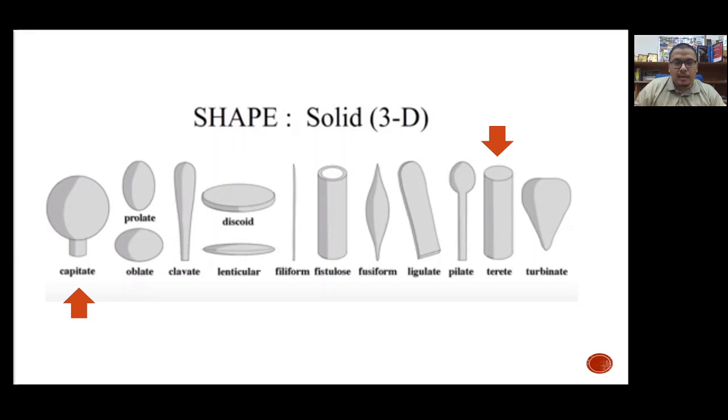Terete is a solid cylinder, meaning circular in cross section like this, but extended like a cylinder. All these other ones are not as common, and you may see them, but if you do, you look them up in the key or in the glossary. Okay.